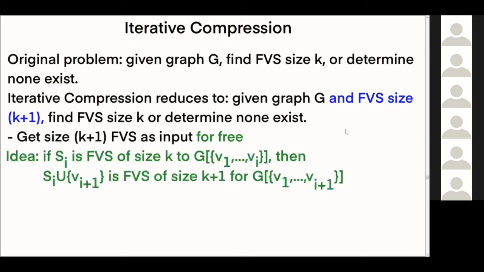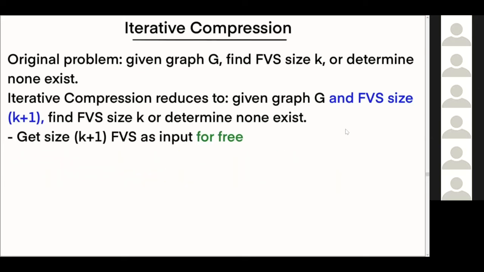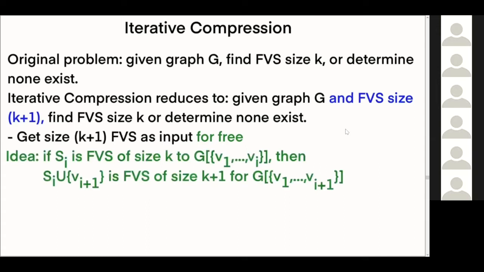For those who have not seen iterative compression, here is a quick sketch of how this is done. Imagine ordering the vertices from v1 to vn. The idea is that we add vertices one by one and apply this compression. On each step, we compress a currently known FVS of size k+1 to a new FVS of size k.